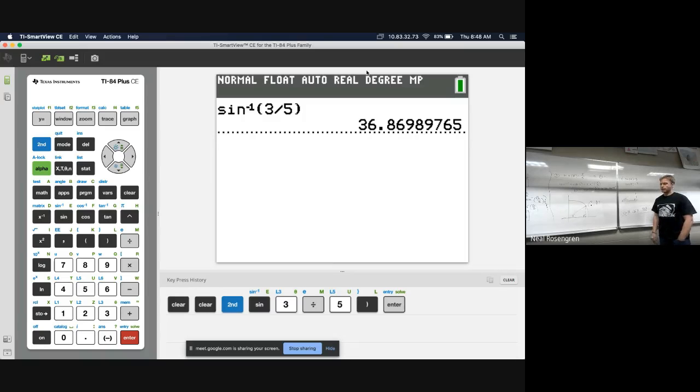The fact that sine of an angle is the length of the side opposite over the length of the hypotenuse, SOH, that cosine of theta is adjacent over hypotenuse, and that tangent is opposite over adjacent. You probably walked out of geometry knowing that.